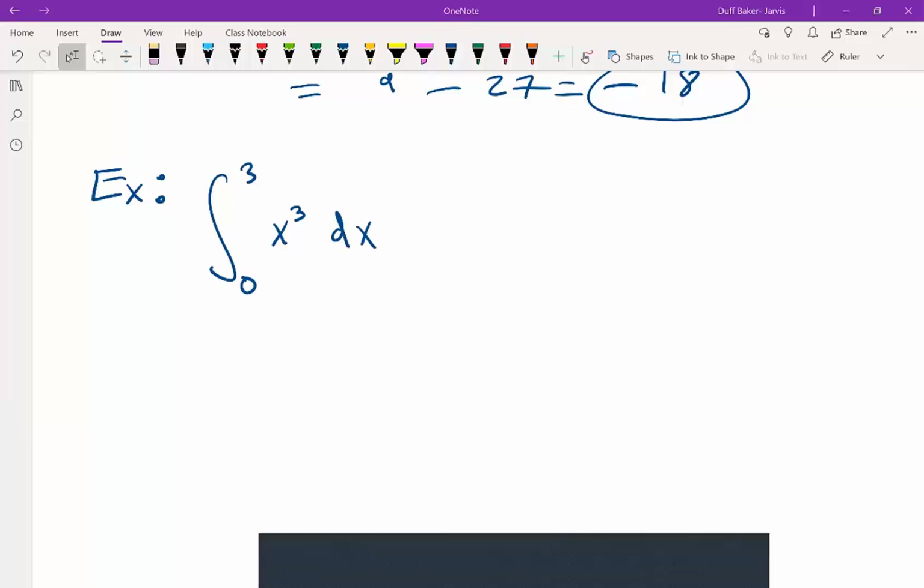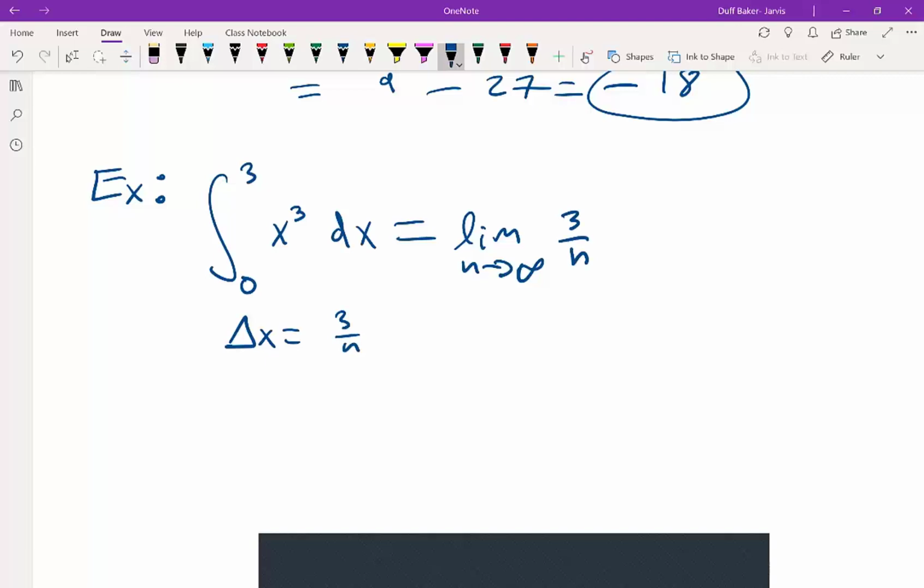Okay, so let's do this one a little bit more quickly. So we would first write down the definition, which says it's the limit as n goes to infinity of this. So delta x here is what? It's 3 minus 0 over n, so 3 over n.